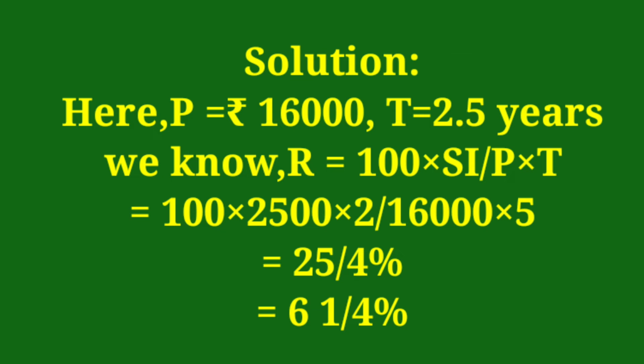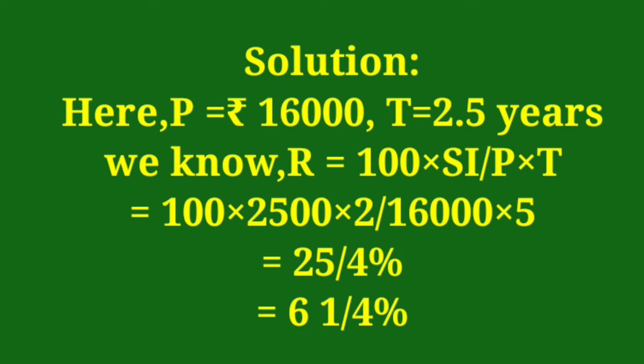We know rate is equal to 100 into SI by P into T. So when you work it out, you are finding the rate. So 100 into 2,500 into 2 by 16,000 into 5, that will be down below.